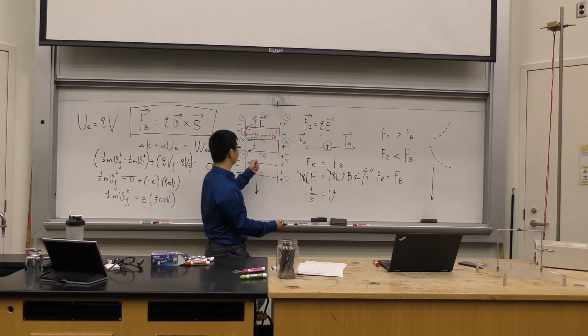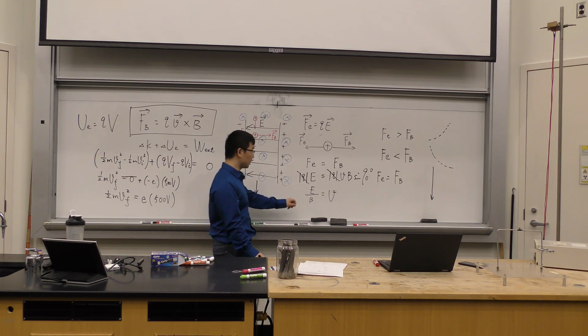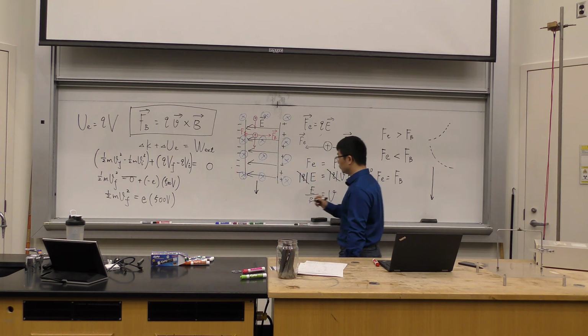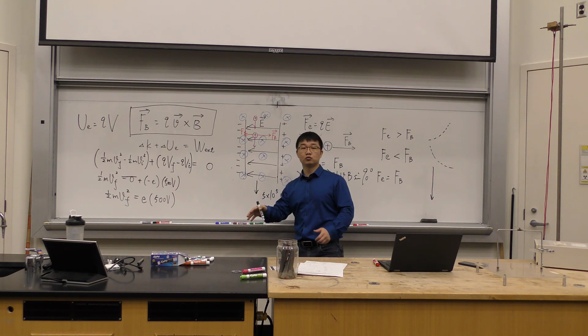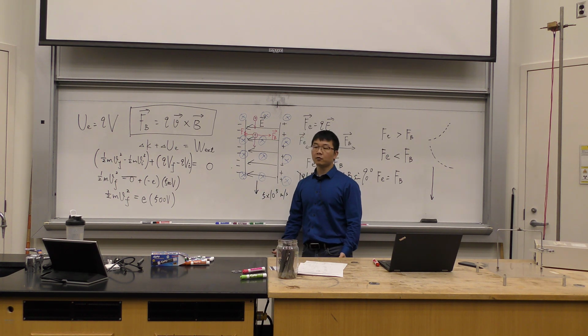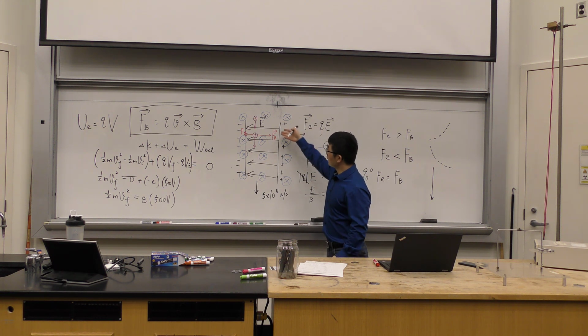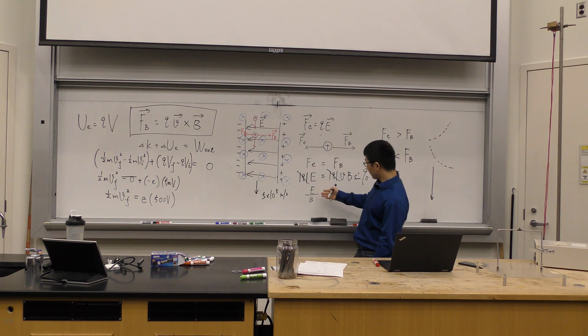Because you set up this velocity selector. You can say, I want some particles with 5 times 10 to the 5th meters per second, and then I want these particles to do some experiment. How do I get these particles at exactly 5 times 10 to the 5th meters per second? Well, set up a velocity selector, and then fine-tune these two numbers, right?